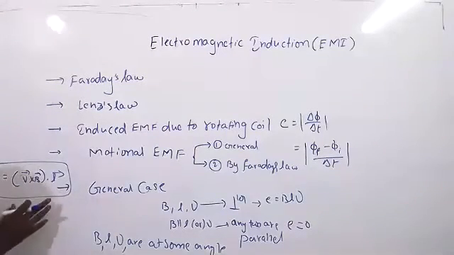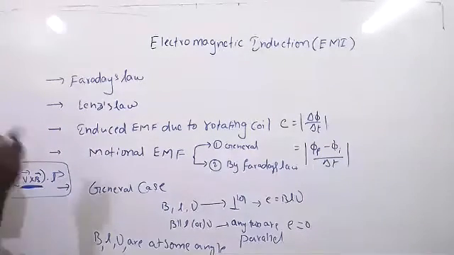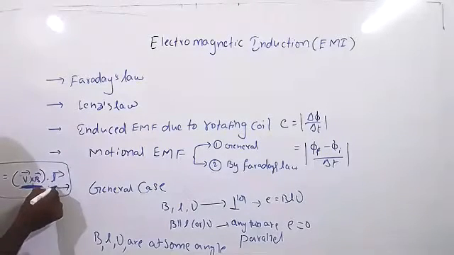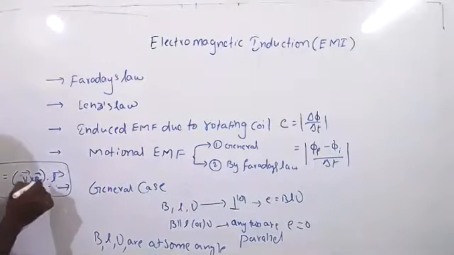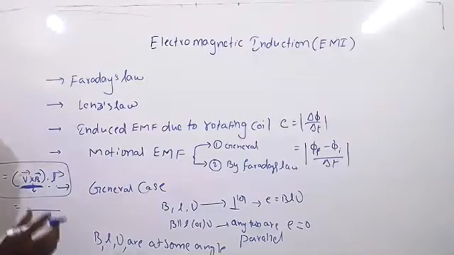Other cases we should use this. First we apply the cross product for these two. Whatever answer you get is also a vector, because the cross product gives a vector. Then dot with L bar; finally you will get a result that is a scalar quantity.